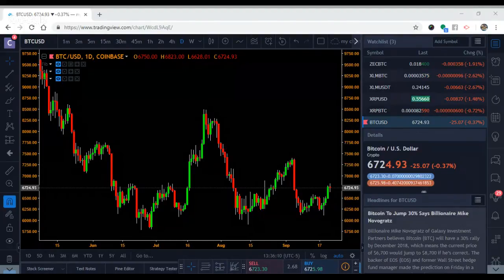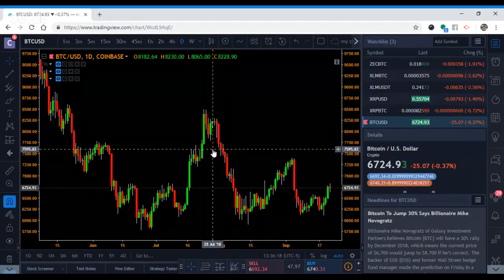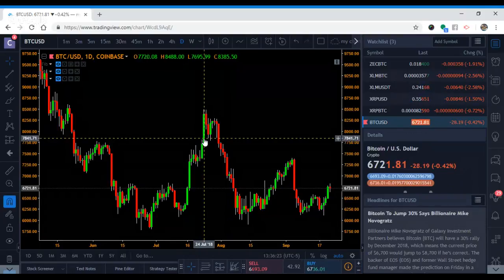So with this beginning video, the first thing we're going to be looking at is what are candlesticks. And for anyone that's ever seen a price chart, you'll know that the red and green bars are what we call candlesticks. Specifically, they are representations of price action within a specific time frame.